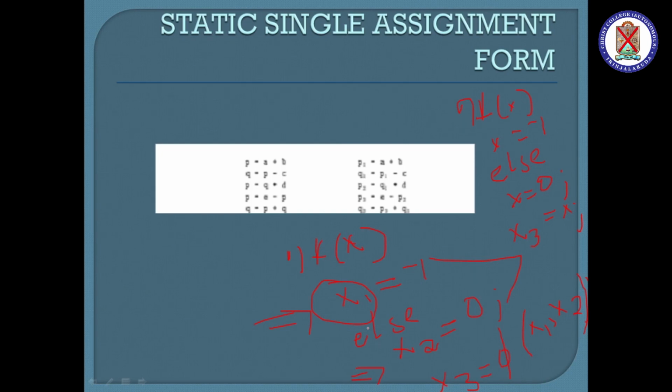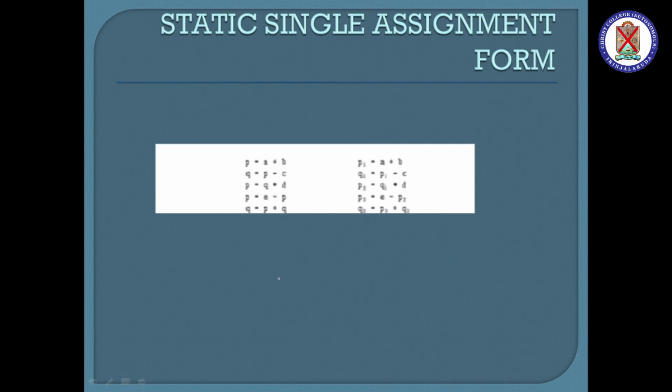If the x1 path is executed, its value will be taken. Otherwise, if the x2 path is executed, its value will be taken. That is, the phi function checks the control flow path, and the value is assigned accordingly. Okay, that's about static single assignment.